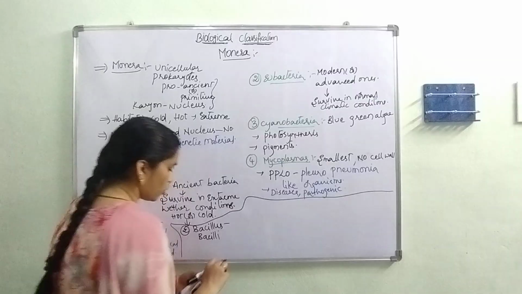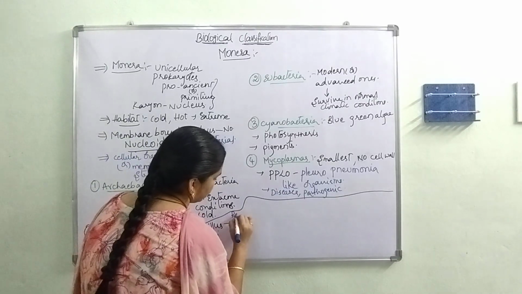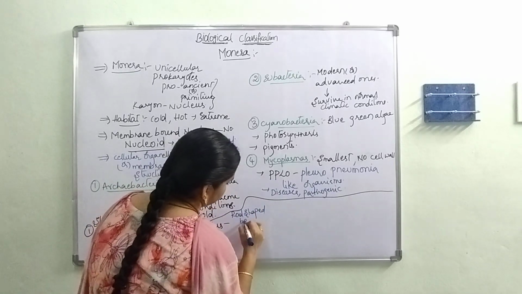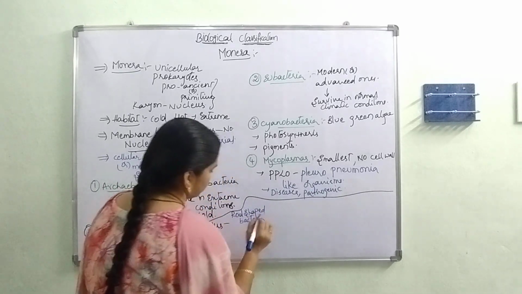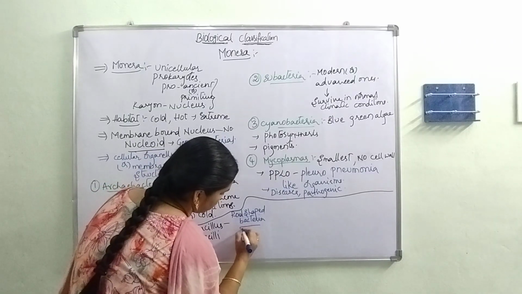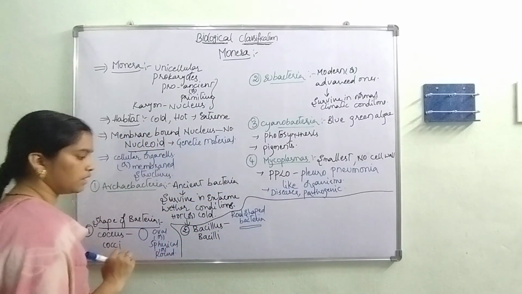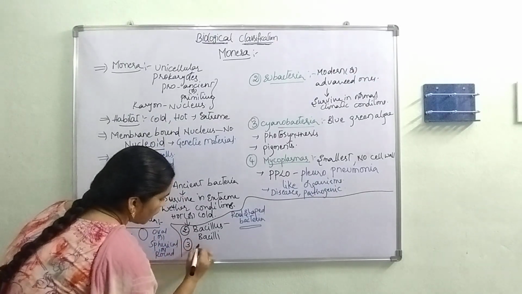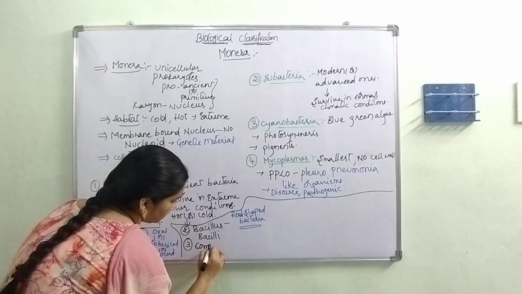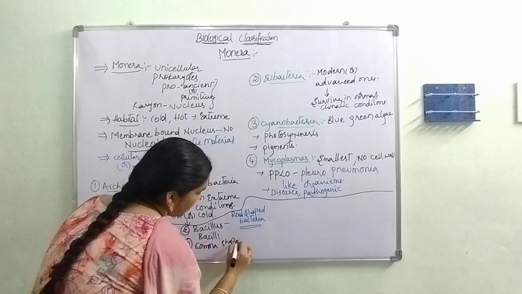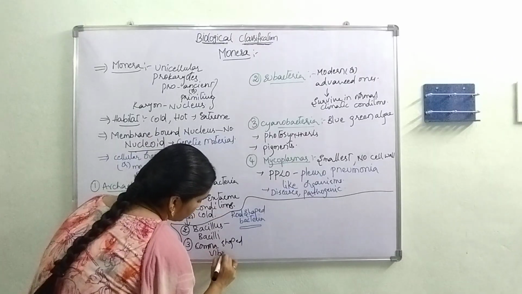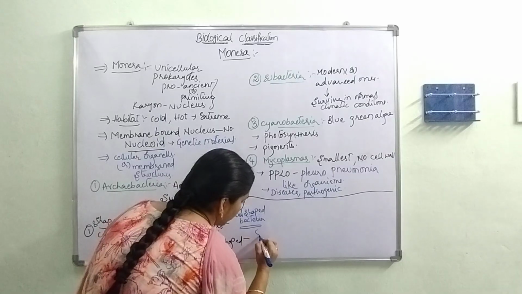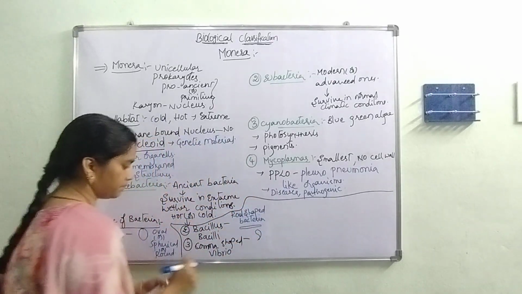Bacillus is rod shaped bacteria, and this shape is something like this. Next, the third one is comma shaped, they are vibrio. They look something like this, comma shaped.